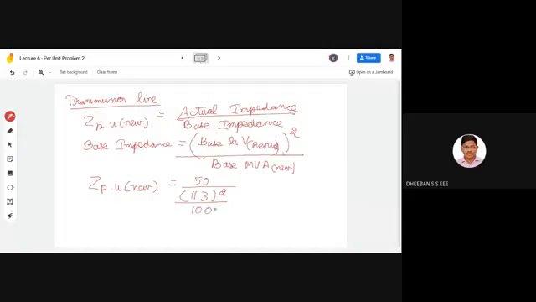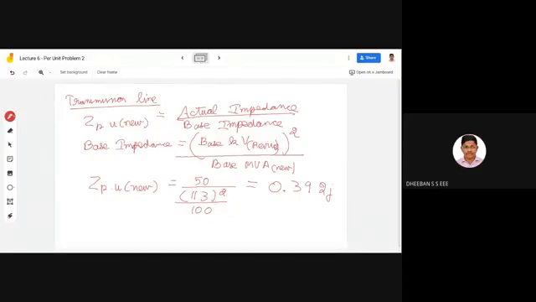So what is the value we'll be getting? 0.392. Okay, so it is right. It is 0.392. So this is how we have to find it for a transmission line.